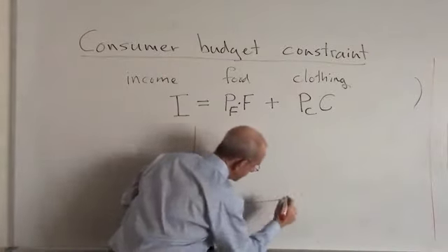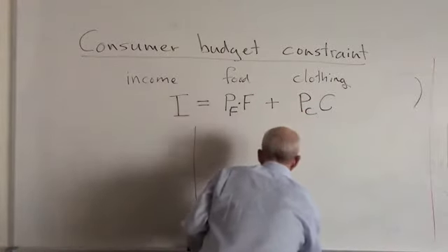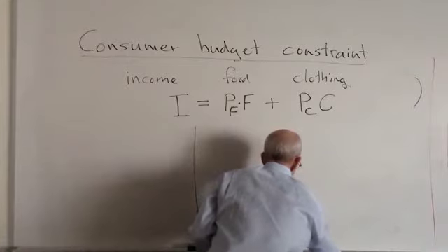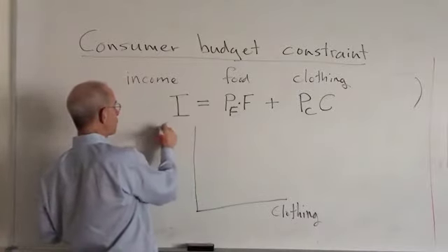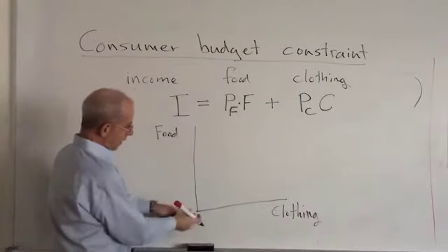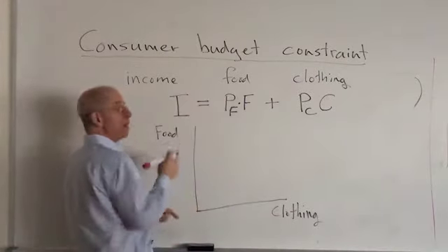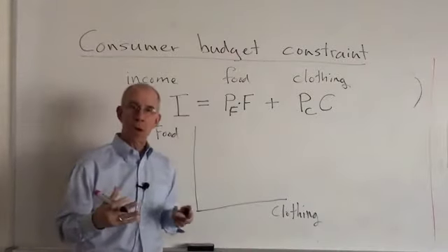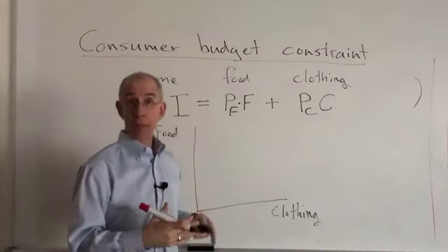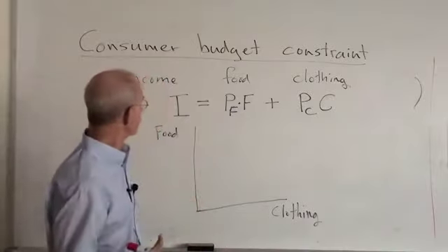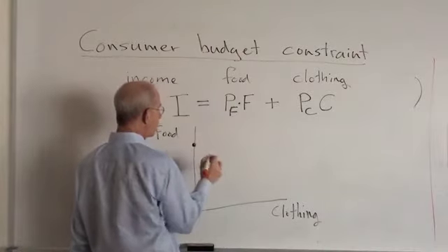What I want to do here is I'm going to include clothing on this axis. I'm going to have food on this axis. If I go down this way, I'm buying more clothing. If I'm going this way, I'm buying more food. Now we want to draw a depiction of the trade-off between food and clothing using this budget constraint. Okay, let me define one point right here.